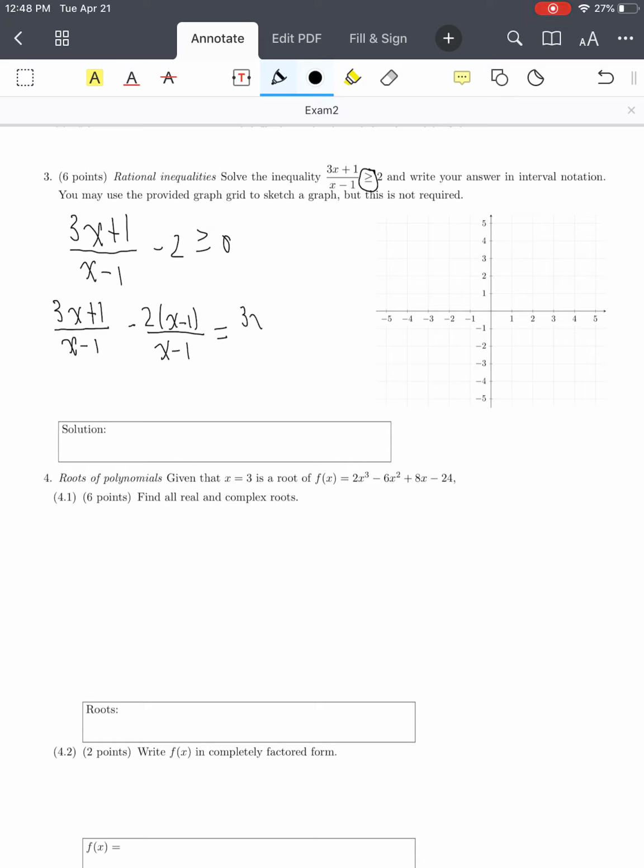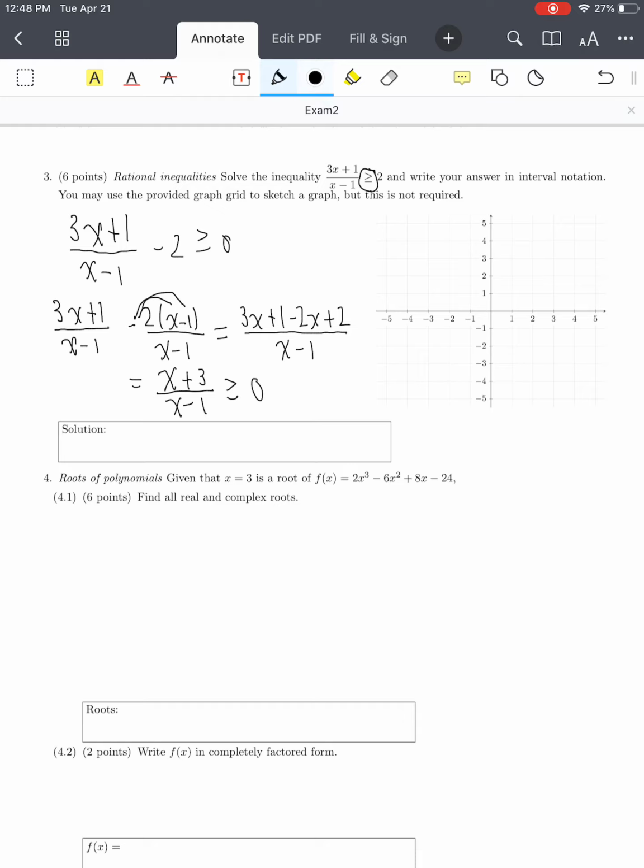That is 3x plus 1 minus 2x plus 2, because we need to remember to distribute the negative sign as well as the 2, over x minus 1. Simplifying that, we get (x plus 3) over (x minus 1) is greater than or equal to 0.